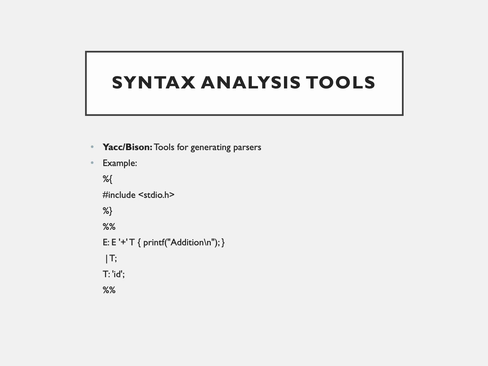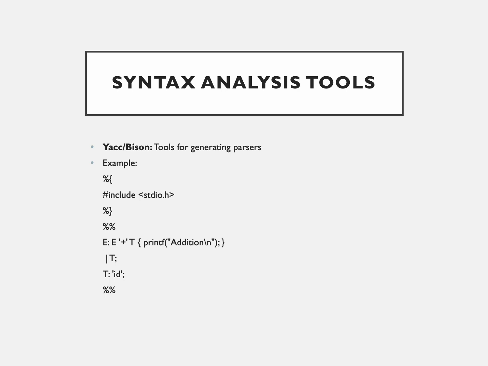We have E goes to E plus T, which defines that an expression E can consist of another E followed by plus and a term T. Then T goes to ID, which defines that a term T can be an identifier. Then we have the action section. For each rule, specific actions are defined. For example, when the rule E plus T is matched, the program prints addition.